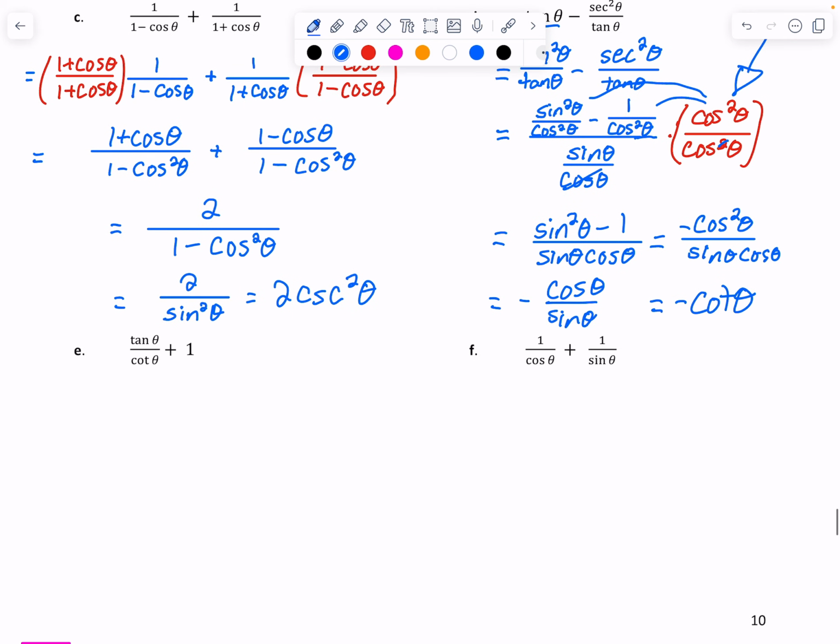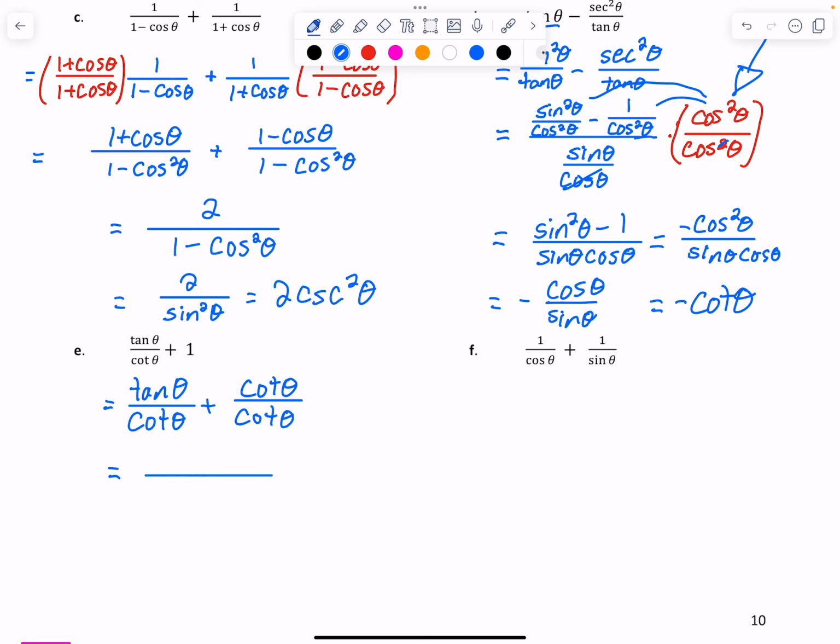Okay, E. So I would like my common denominator to be a cotangent. So I'm going to change that 1 to a cotangent over cotangent. Now they have a common denominator.